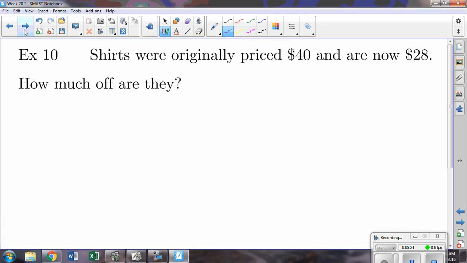Example 10. Shirts were originally priced at $40, and now they are $28. How much off are they? Although we did not write it this way previously, we did discuss in the last video the percent equation.